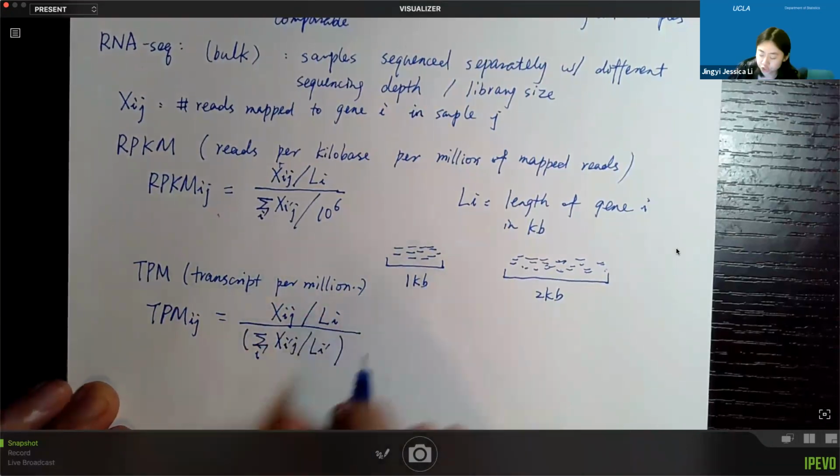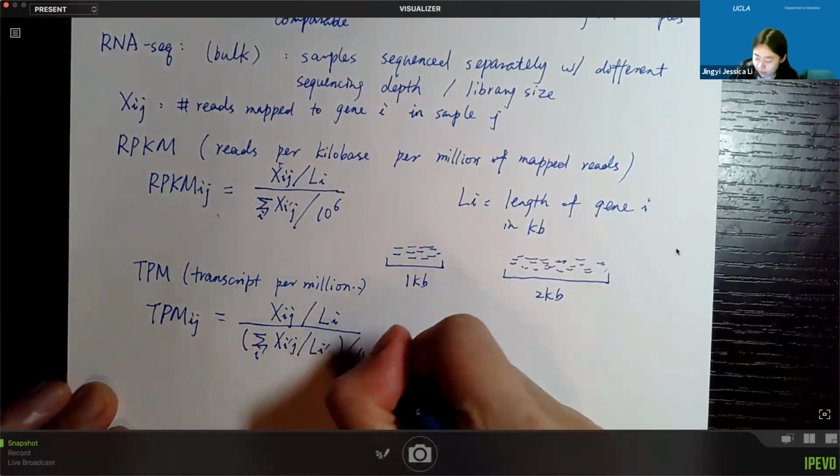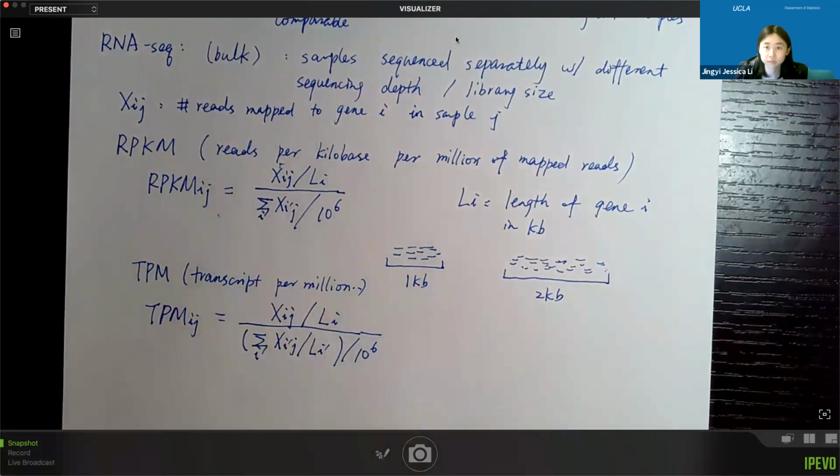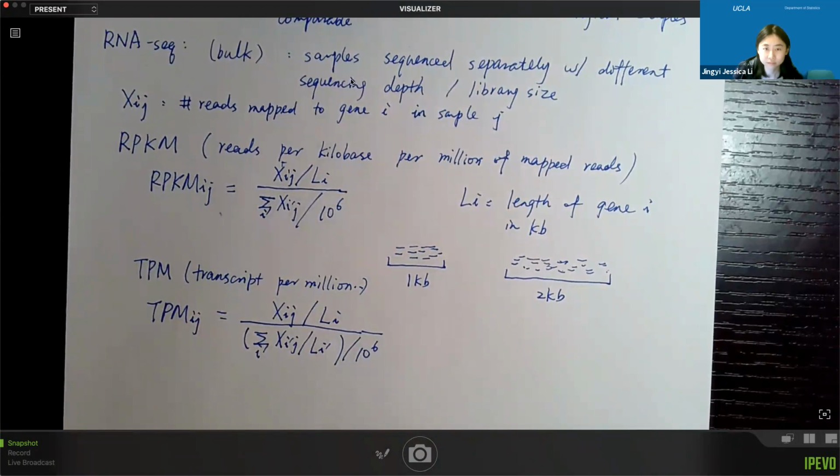For every gene, you normalize its read count by length first before you take the sum over genes, and then you divide this by 10 to the 6th, a million. Yeah, so basically, this is the TPM.